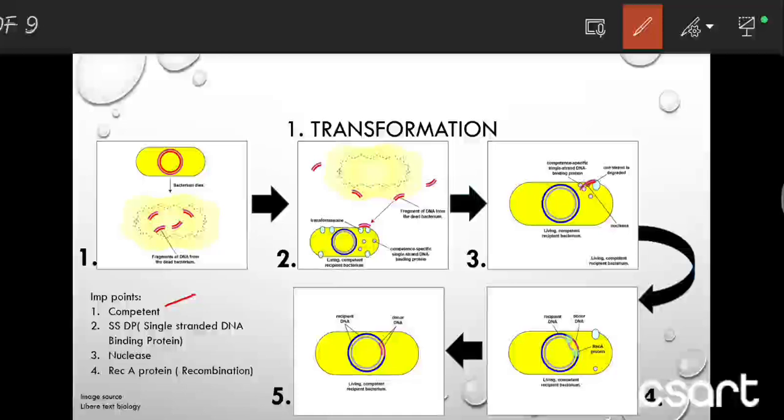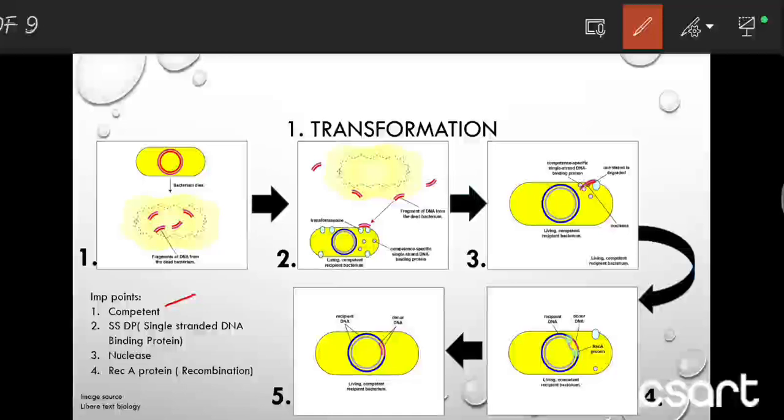Second one is the SSDP, that means single stranded DNA binding protein, which helps to bind the donor's DNA to recipient DNA, and prevents donor DNA from degrading by the enzymes present in the cytoplasm. Third one is nuclease.